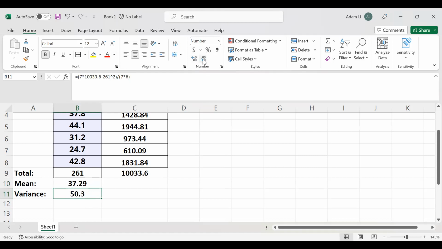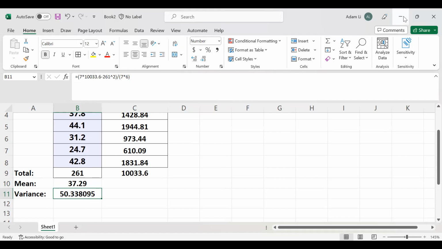I think for the standard deviation, you probably want to keep slightly more decimals, and that will make sure the standard deviation is slightly more accurate.